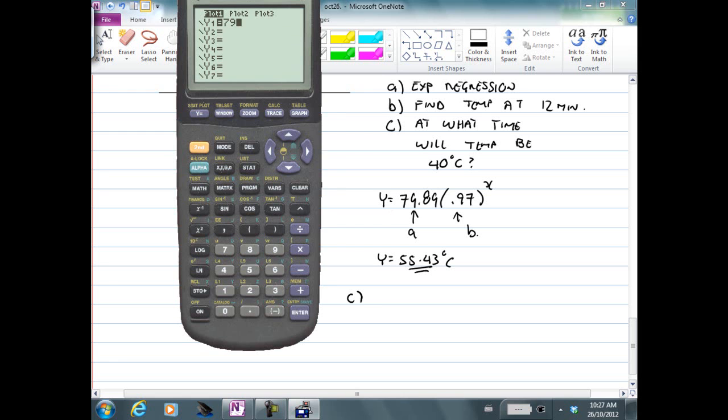So I go 79.89, open bracket, 0.97 to the power of x. Right there. Now for y2, Kyla, what are we going to put for y2? 40. Because I want to see where it intersects.